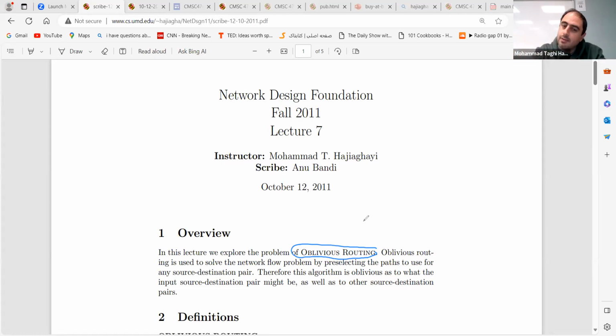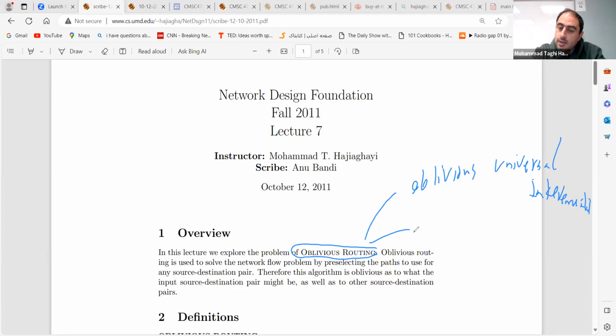So this oblivious routing is very important for two things. One, for the oblivious, universal, incremental algorithms. And the second one is essentially for tree embedding for cut problems.